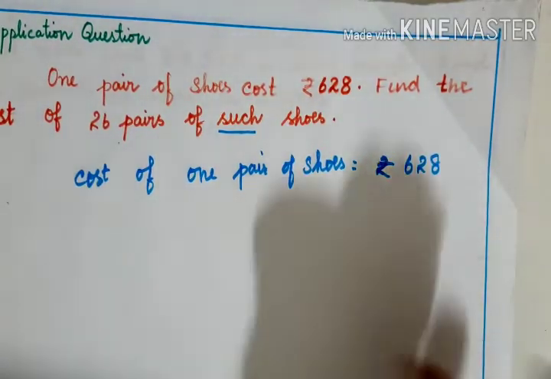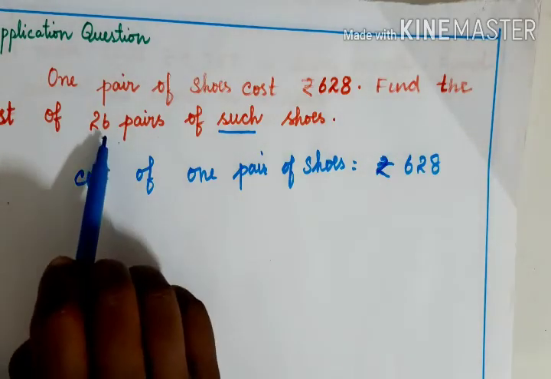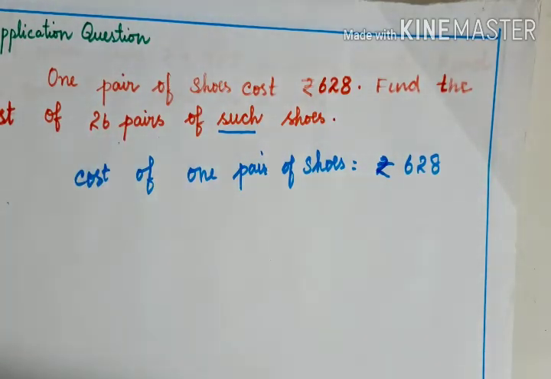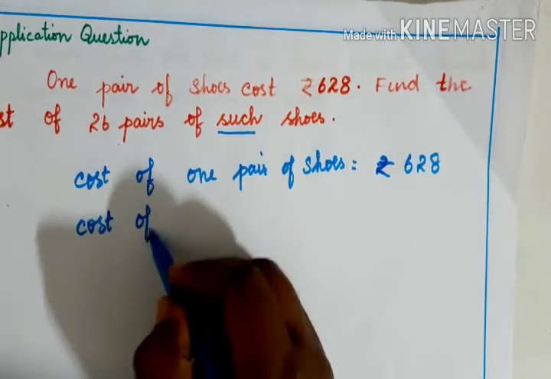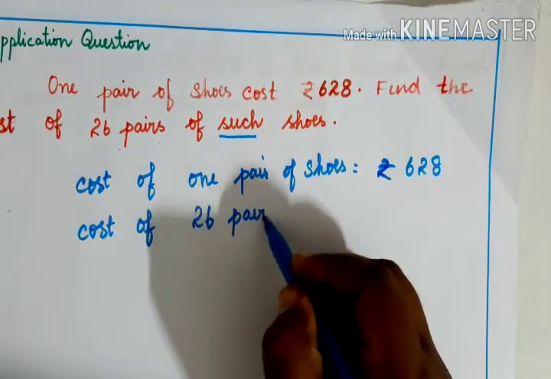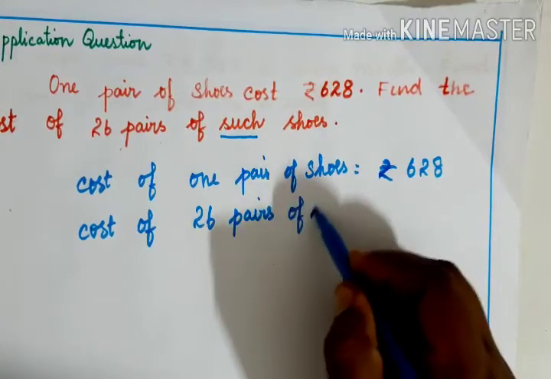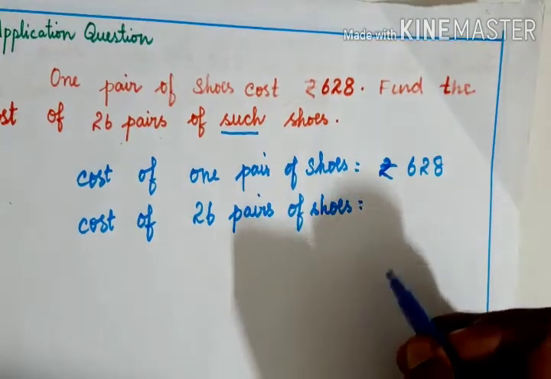Is it clear? So that is what I have written. Now we want how many? Cost of 26 pairs. Therefore, the cost of 26 pairs of shoes is equal to. So what do you have to do?